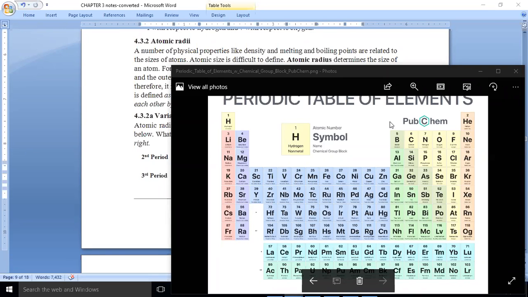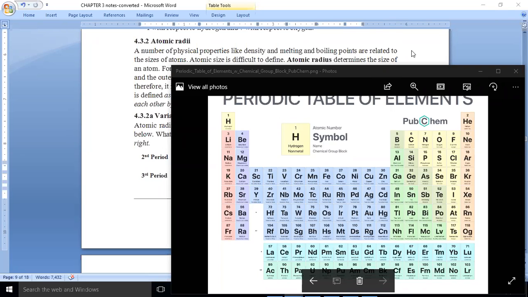So as the atomic number keeps increasing, every time the electron goes into the P shell only, which leads to an increase in the force of attraction between the outermost orbital and the nucleus. As the number of electrons keeps increasing, the force between the outermost electrons and the nucleus will increase, right?